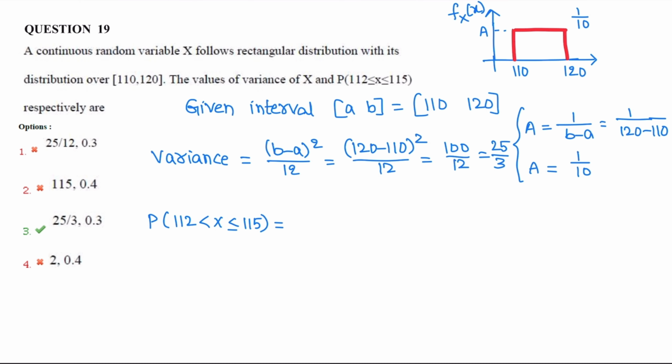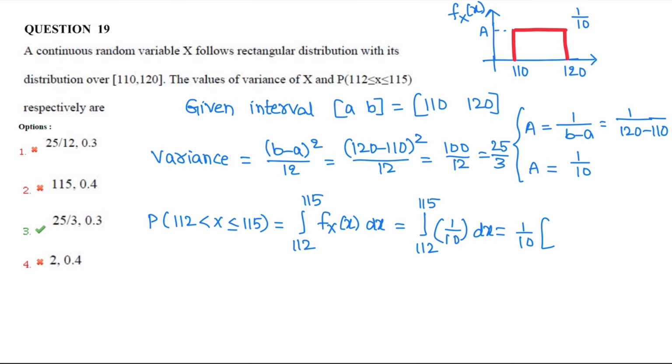so integral from 112 to 115 of f of x dx, that is integral 112 to 115, its amplitude is 1 by 10, it's a straight line, 1 by 10 dx. So that is 1 by 10 into integral dx. Integral dx is x only.